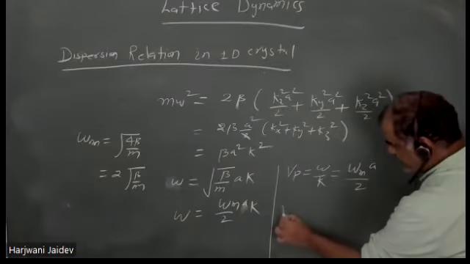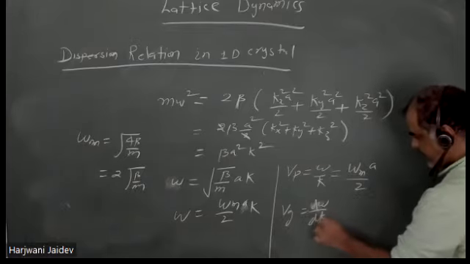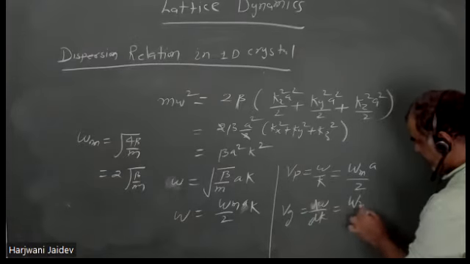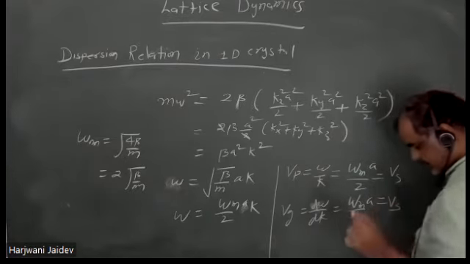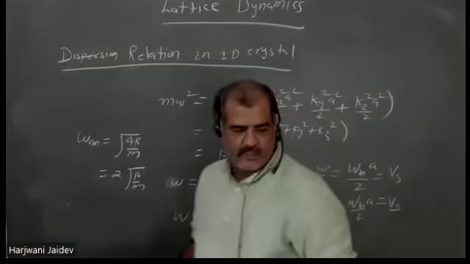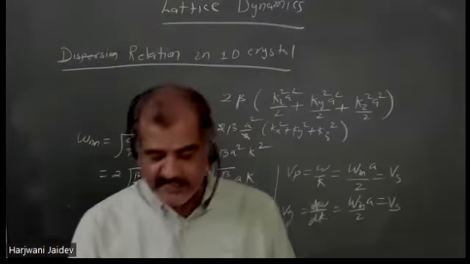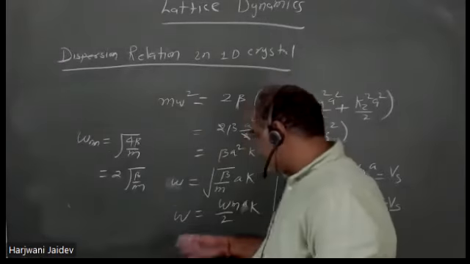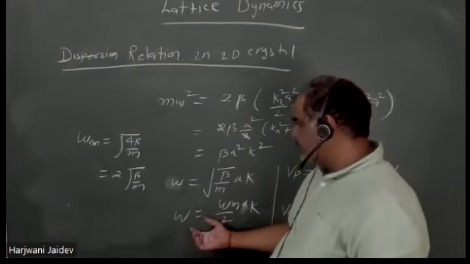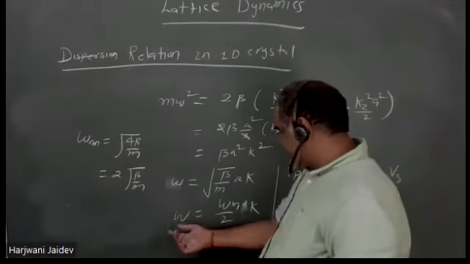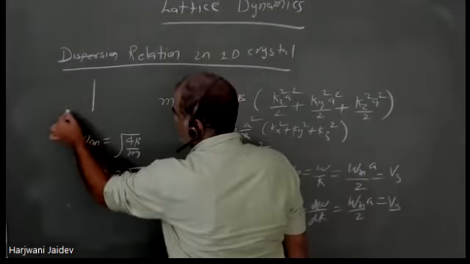Similarly, group velocity is the same, d omega by dk, which is also vm a by 2, which is also equal to vs. So in the long wavelength region, your 1D crystal and 3D crystal both behave like a dispersion-less medium, and for both, omega is proportional to k. That means it is behaving like an elastic continuous medium.